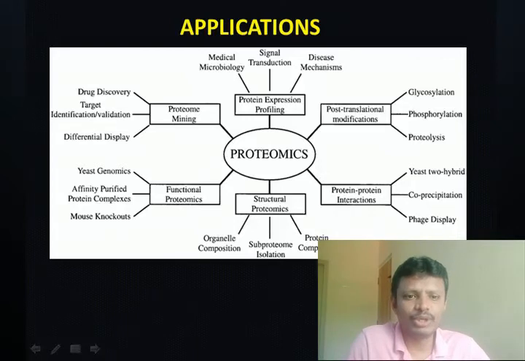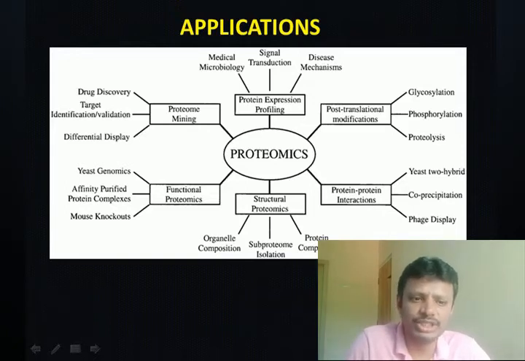So this is protein expression profiling. Next is post-translational modification. If we want to study that, we have to study whether it is glycosylated, phosphorylated, proteolysed or digested. All this comes under post-translational modification.